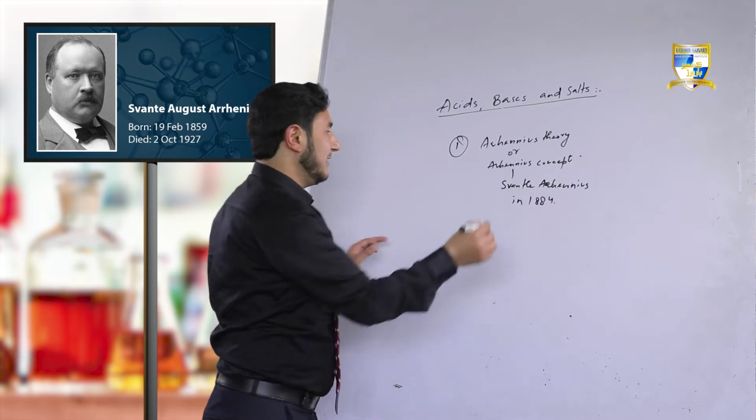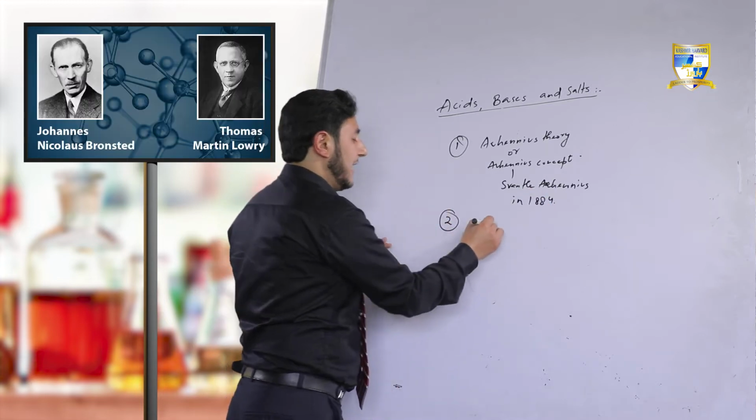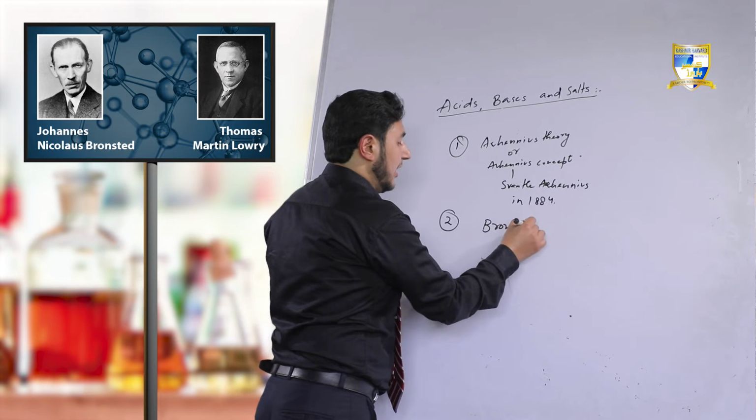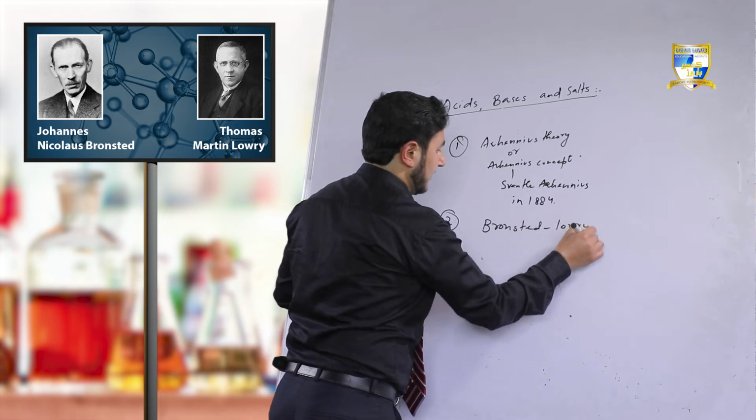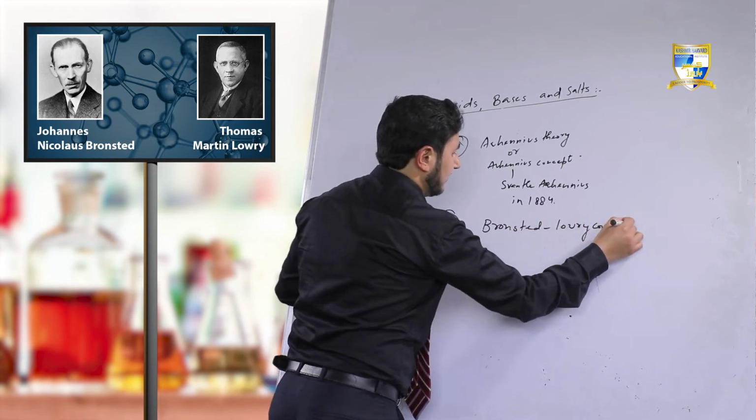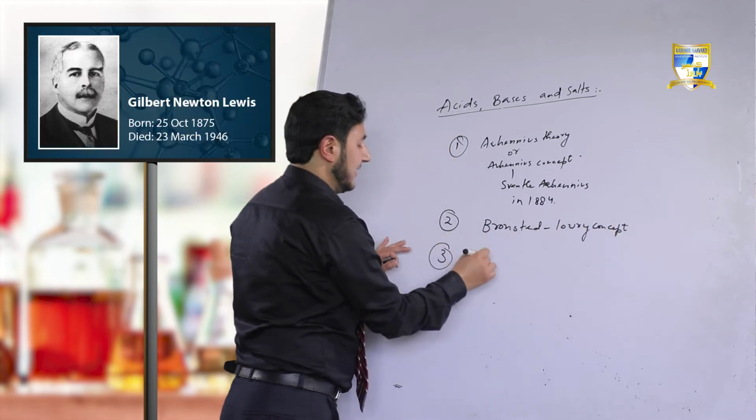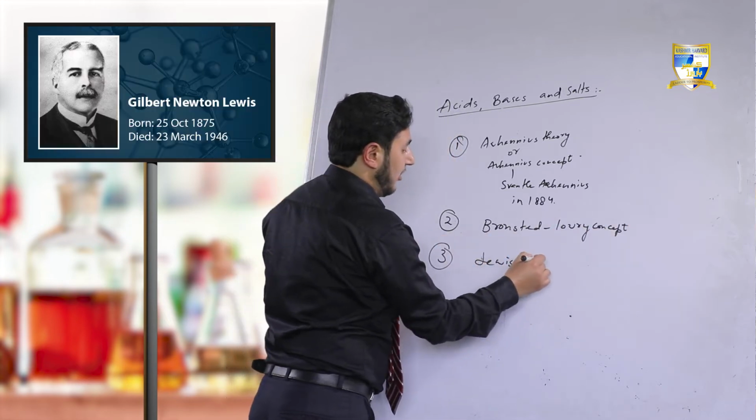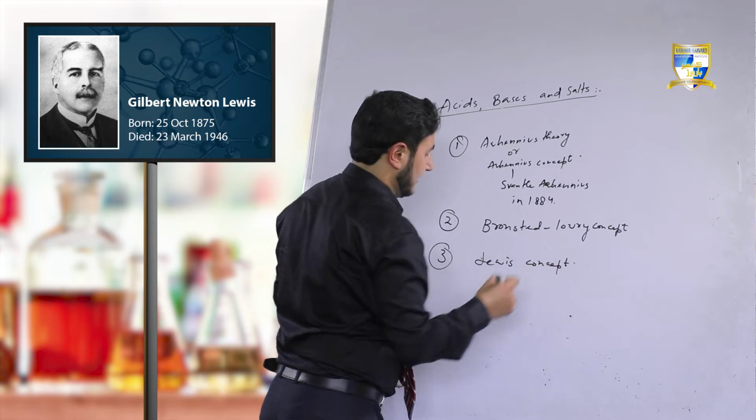The second concept is called the Bronsted-Lowry concept, and the third concept is called the Lewis concept of acids and bases.